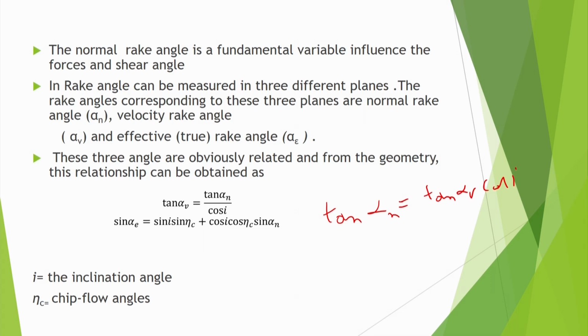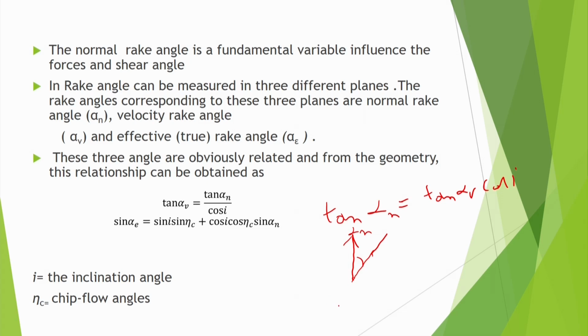If we make a sketch, then we can appreciate that. You have a cutting edge like this, and there is a normal plane, and on that particular plane you have alpha n. This is alpha n, and this is the vertical direction, and this may be the surface of the tool.